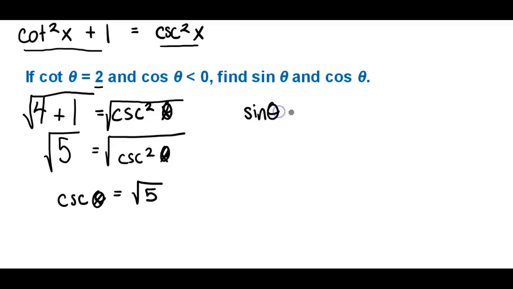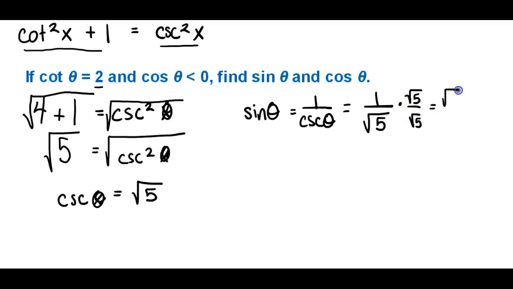Sine of theta is equal to 1 over cosecant of theta, which is 1 over the square root of 5. To rationalize that, we can multiply top and bottom by root 5, and we get root 5 over 5. So sine of theta is root 5 over 5.